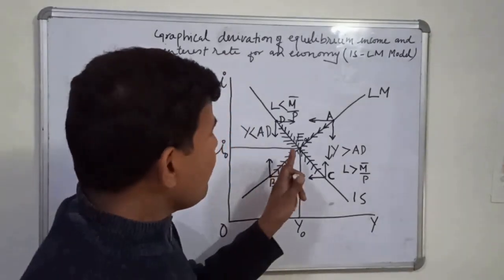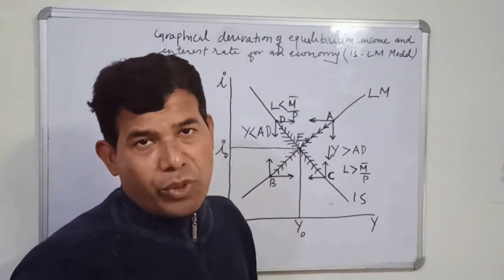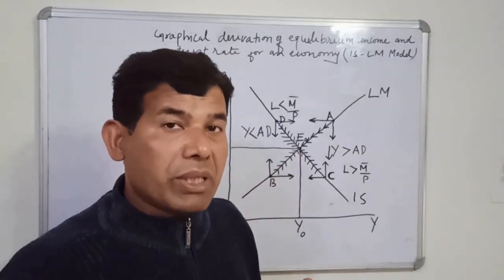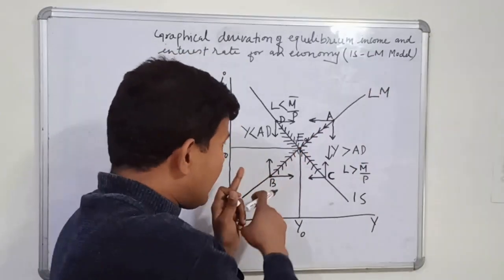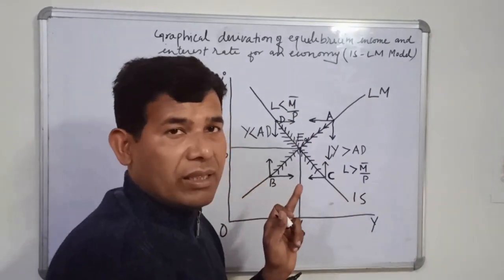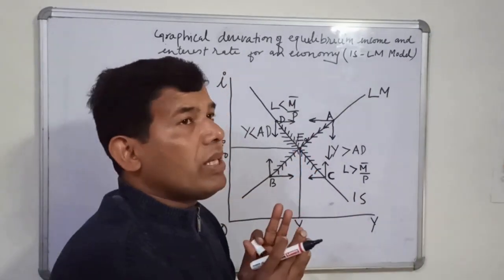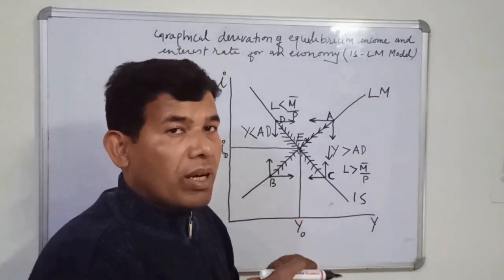So we are calling point E the equilibrium point for the whole economy only because once the economy is at point E, given this LM curve and given this IS curve, the economy will not have any tendency to move away from that.